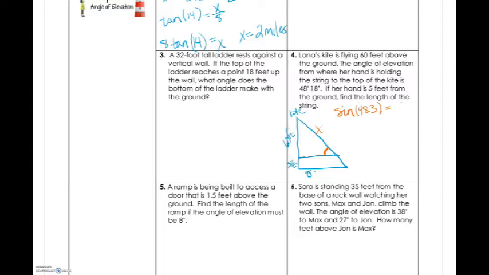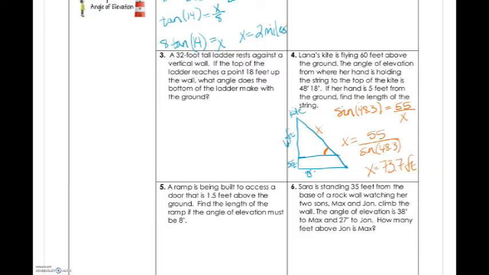So I've got 55 feet over x because I don't know what the hypotenuse is, and it's 55 because I had to subtract out the 5 feet between the ground and her hand. And so in order to solve this, using our algebra to rearrange this problem, I get that x equals 55 divided by the sine of 48.3, which will come out to 73.7 feet.